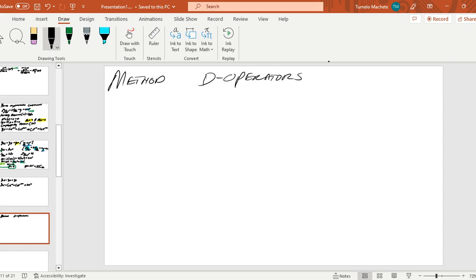So you are finding a general solution using the method of the operators.